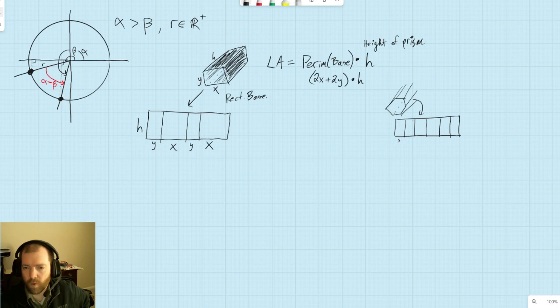So you get side 1, side 2, side 3, side 4, side 5, and side 6. And then again, the height of the prism is the height of the rectangle.